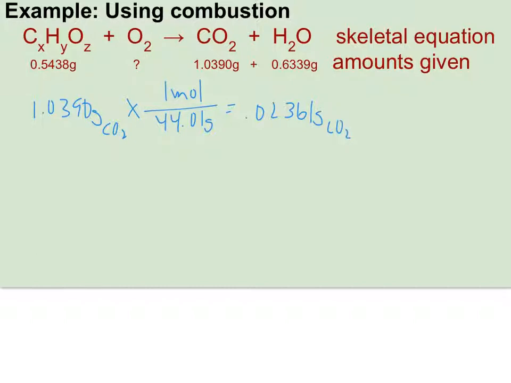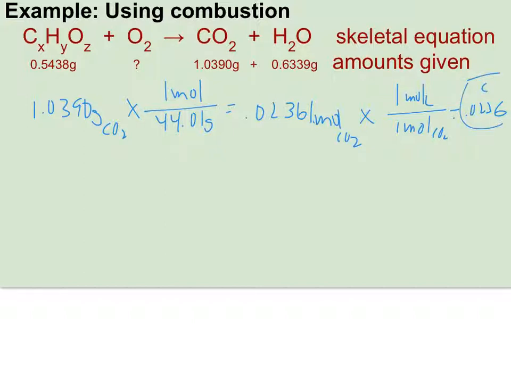Moles, I'm sorry, would be a big difference because that's what we want here. So that's my moles of CO2. And I can see I get 1 mole of carbon from 1 mole of CO2. So this is also 0.0236. That is my moles of carbon, which I'll come back to a bit later.